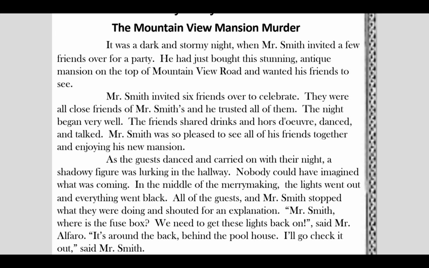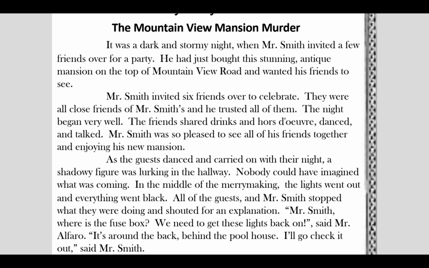The night began very well. The friends shared drinks and hors d'oeuvres, danced, and talked. Hors d'oeuvres just means small little snacks, like snack size appetizers. They danced and talked. Mr. Smith was so pleased to see all of his friends together and enjoying his new mansion.